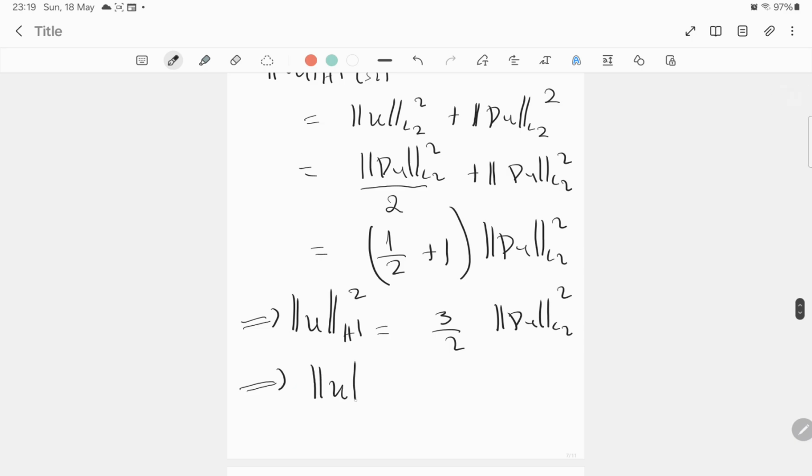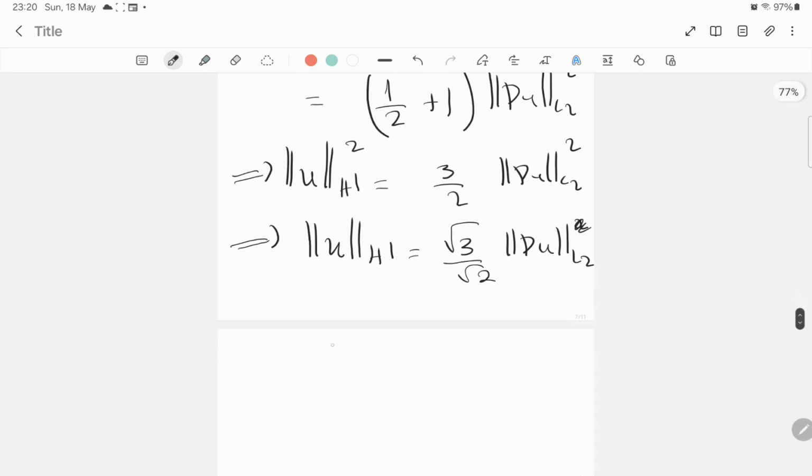and here the norm of u in H1 is going to be square root of 3 over square root of 2 times the norm of the variation of u in L2, without the square here.